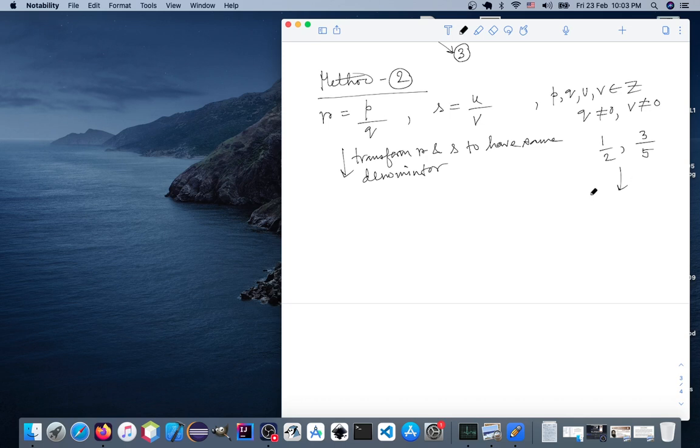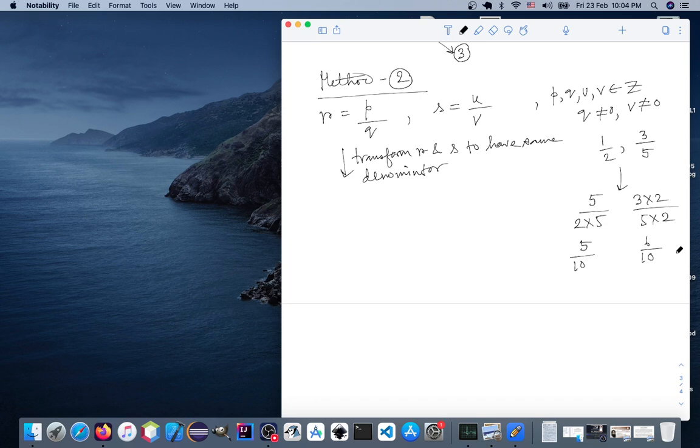So half gets transformed to 5 by 2 into 5, and 3 by 5 gets transformed to 3 into 2 by 5 into 2. So 5 by 2 into 5 is equivalent to half, and similarly 3 into 2 by 5 into 2 is equivalent to 3 by 5, which is 6 by 10.